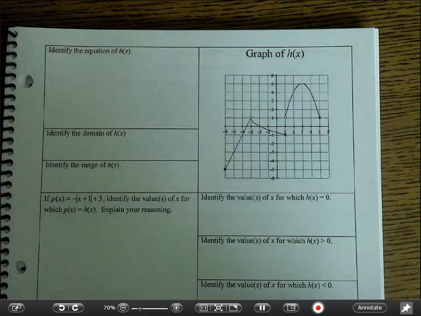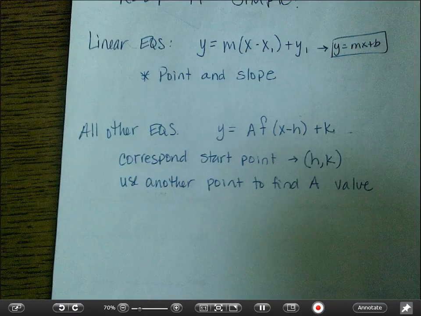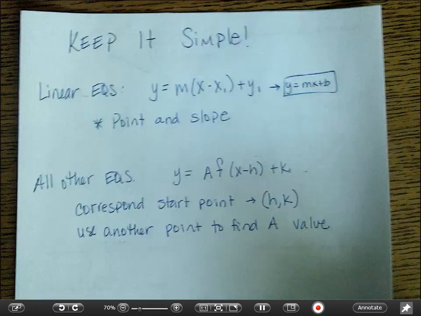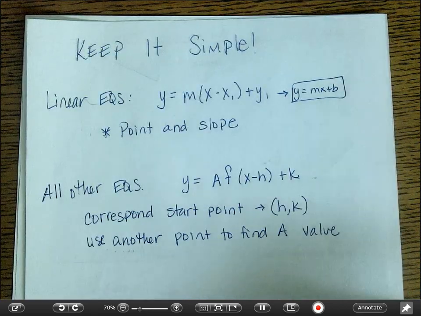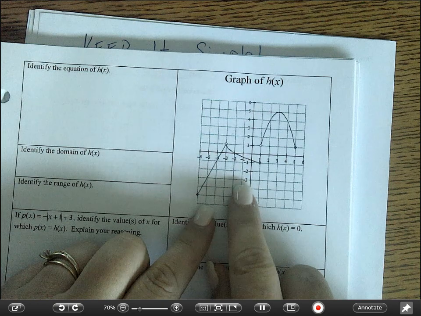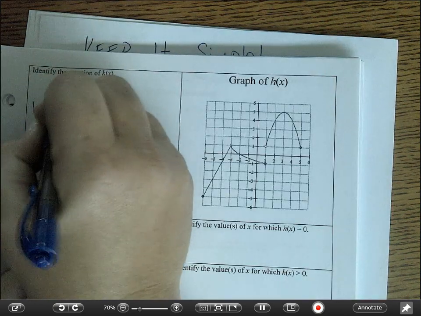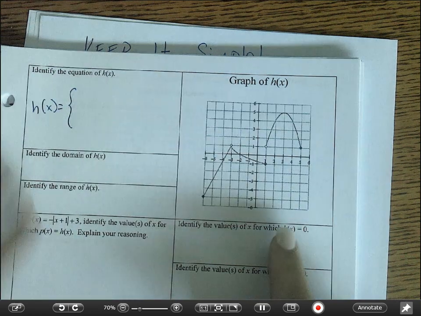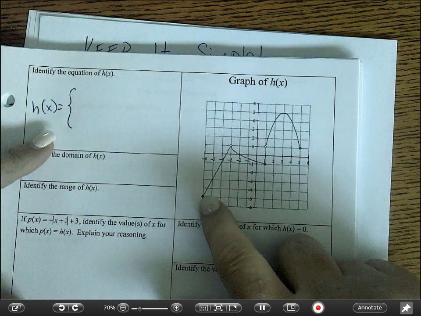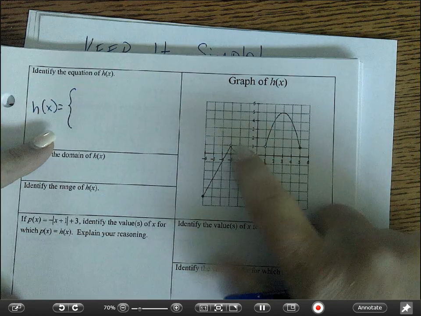So let's take a look at how we are going to apply this to our graph right here. The first thing that you want to do is establish the domain. We've got three functions right here. We're going to start from -6 and we end at -3.